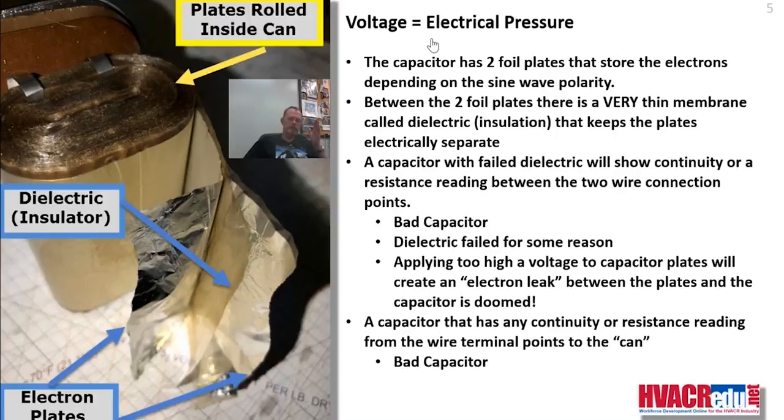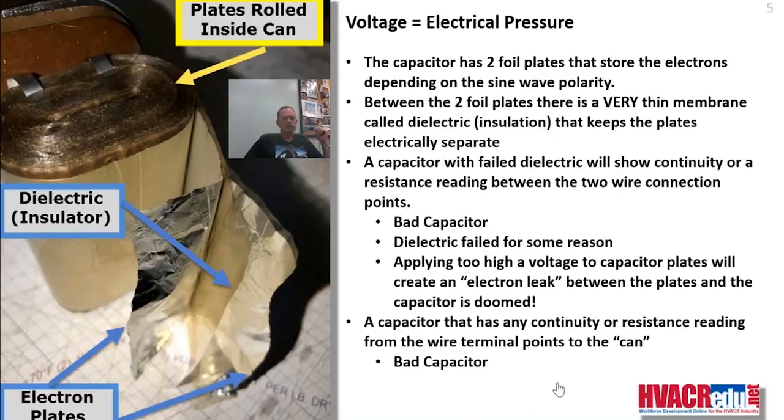Now I have a 220 volt capacitor in a 370 volt application, which means probably that 370 volts is going to be there at some point, and the electrons are going to start making pinholes, or electron size holes, which are very small, through that dielectric, and you're going to short out the plates. Okay? And it's going to fail. With voltage, you can always go up, but you cannot go below the specified. You can't do it. Okay?